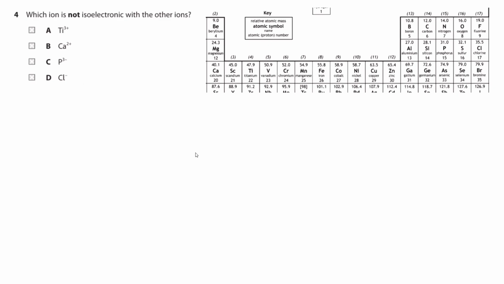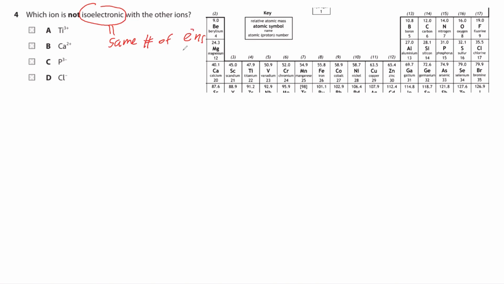Okay, so first of all, we have to understand the meaning of the word isoelectronic. Isoelectronic means same number of electrons. So remember that part. I want to find which is not isoelectronic with the other ions.